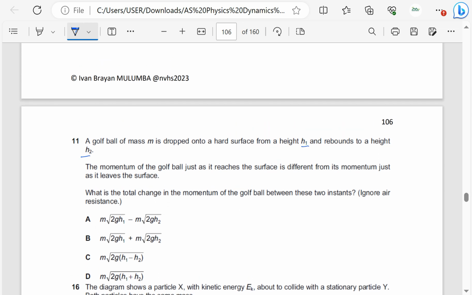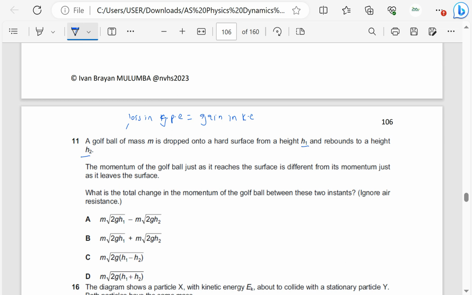I'll begin with the first case when it just falls. Because it is dropped onto a hard surface, the loss in gravitational potential energy is equal to the gain in kinetic energy when it falls.